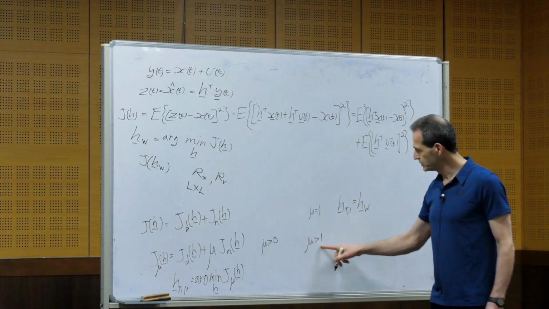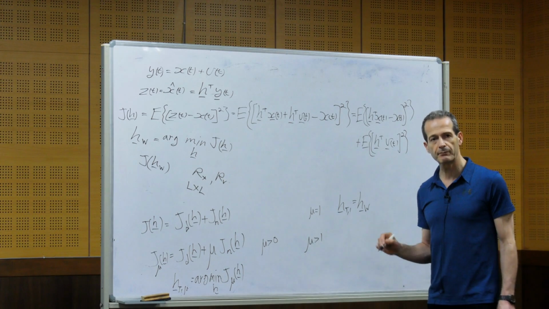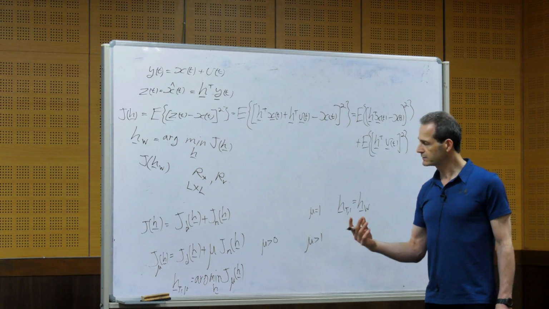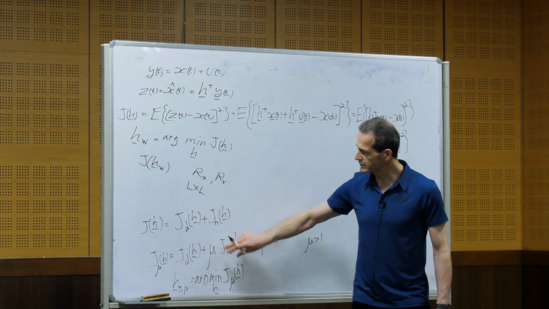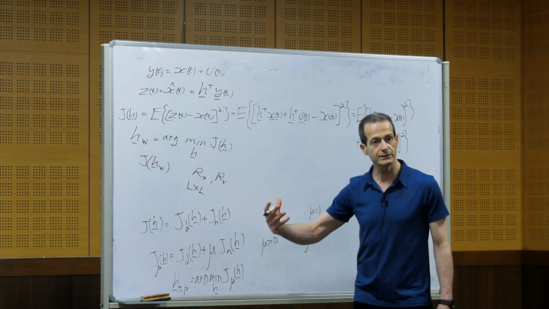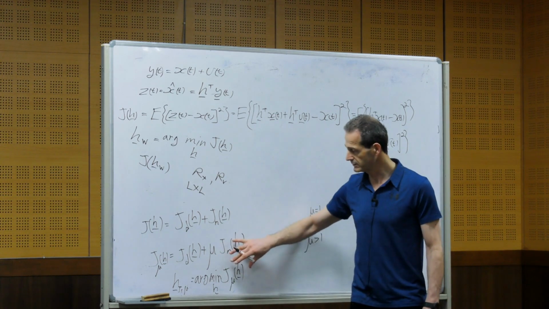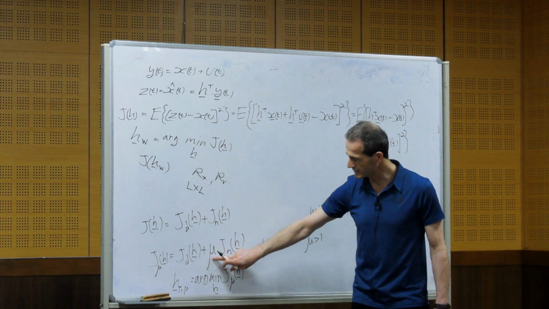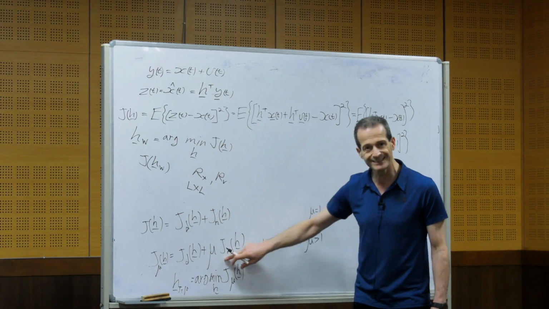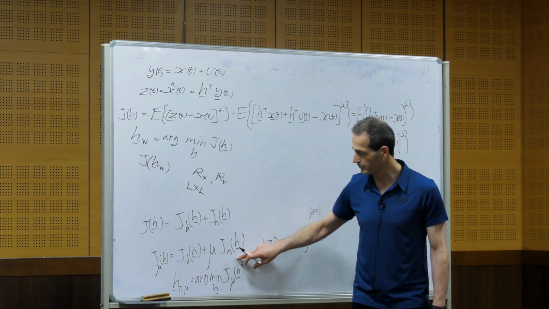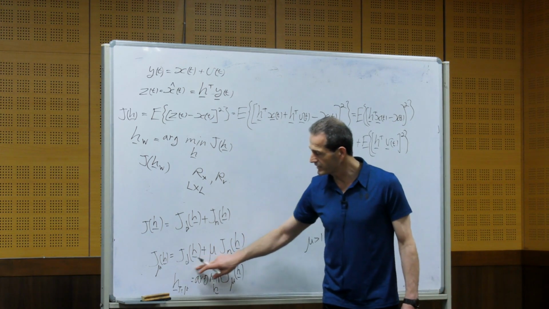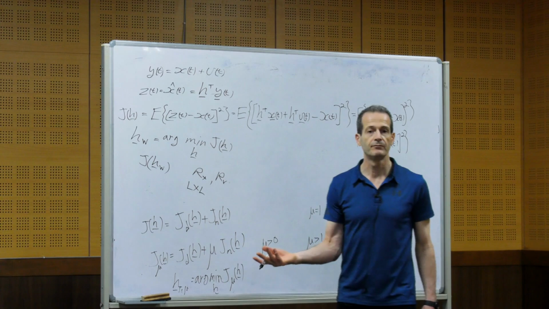But if I take mu larger than 1, what will happen? This filter will result in more noise reduction because we give more weight to this part. So it will result in higher noise reduction because if this is large, we want to make this smaller, even further compared to the Wiener. So it will come at the expense of this part. This part will be larger.